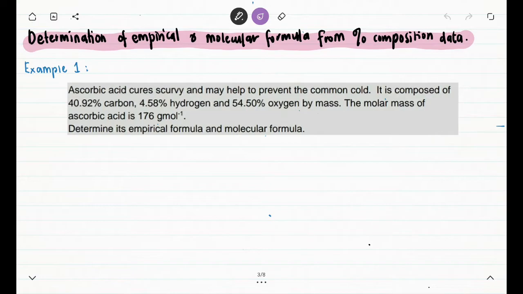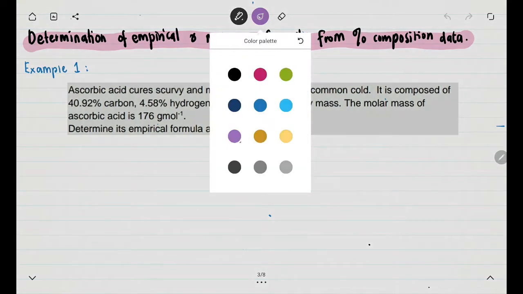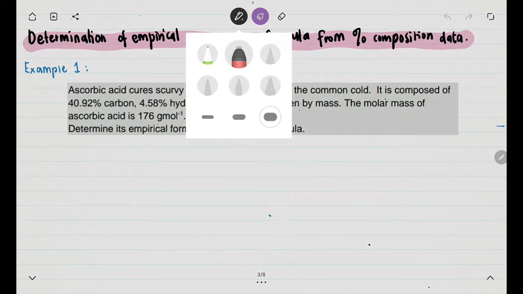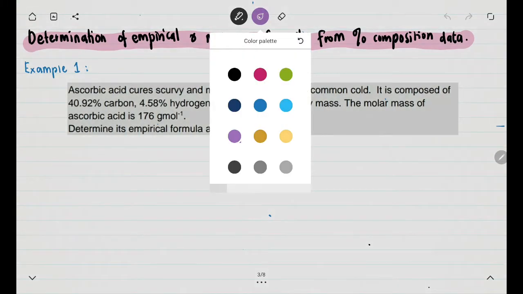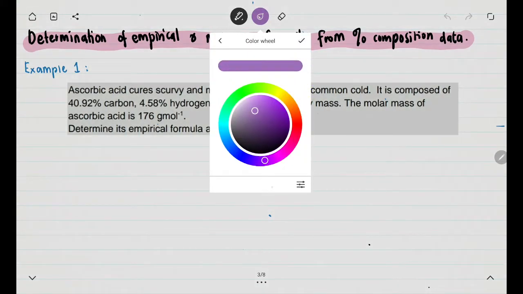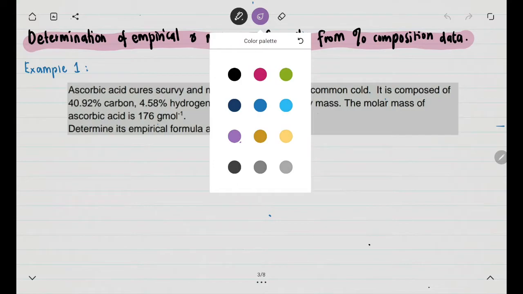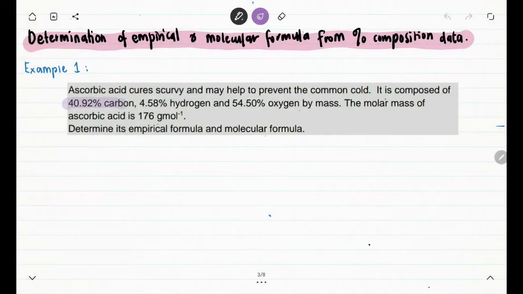Given here is the percentage of each element contained in this ascorbic acid. So we know the ascorbic acid contains 40.92% carbon, 4.58% hydrogen and 54.50% oxygen.